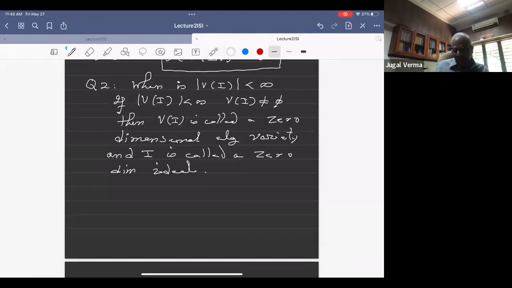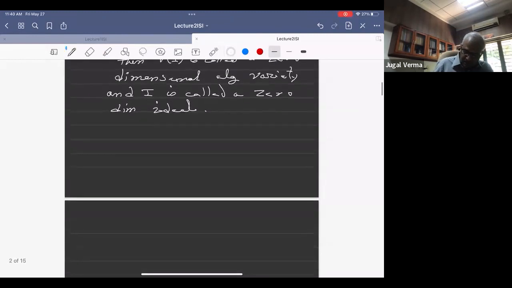So we want to understand when an ideal is zero-dimensional, or when an algebraic variety is finite, or equivalently zero-dimensional. So suppose the set of solutions of my given polynomials which generate the ideal I is finite, and I list the solutions.